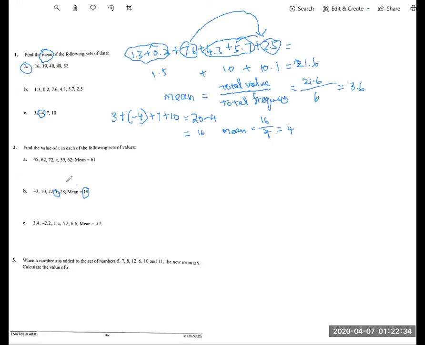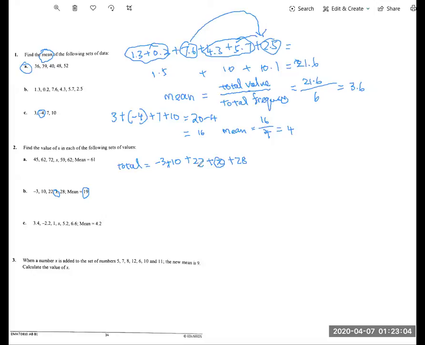Let's find the total value first. Total value equals minus 3 plus 10 plus 22 plus x plus 28. Now this x is unknown.